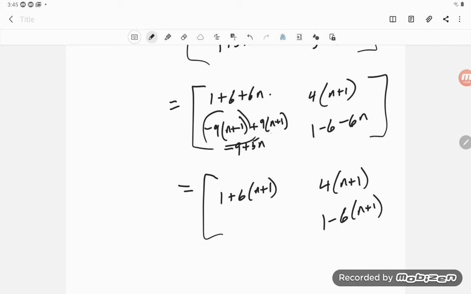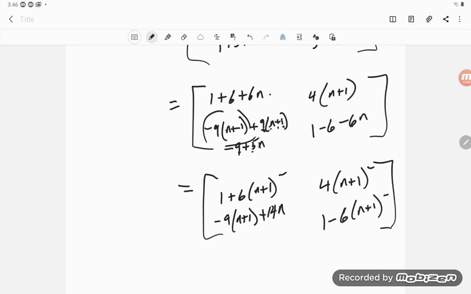And here, I've got my minus 9 times n plus 1, which I think is what I want. And then I've got 9n plus 9, and then I've got a minus 9, so the 9's go away, but I've got a 9n and a 5n, so it looks to me like I've got an extra 14n down here. I'm not sure what just happened, right? So these three look good, though.